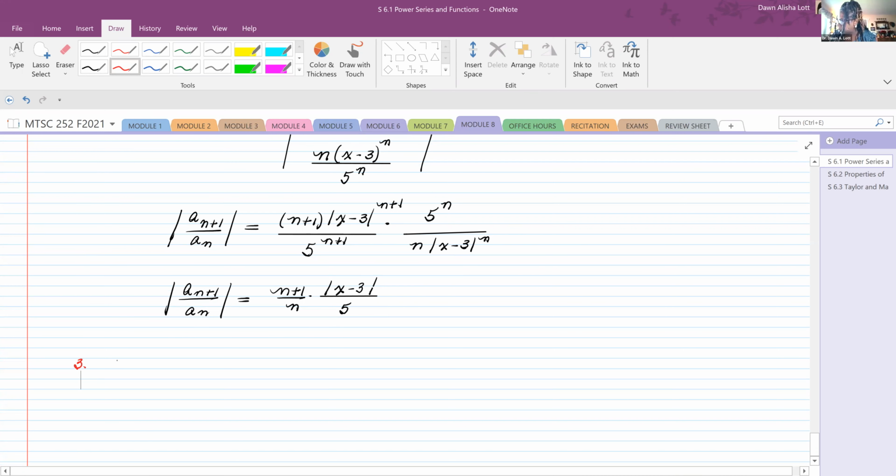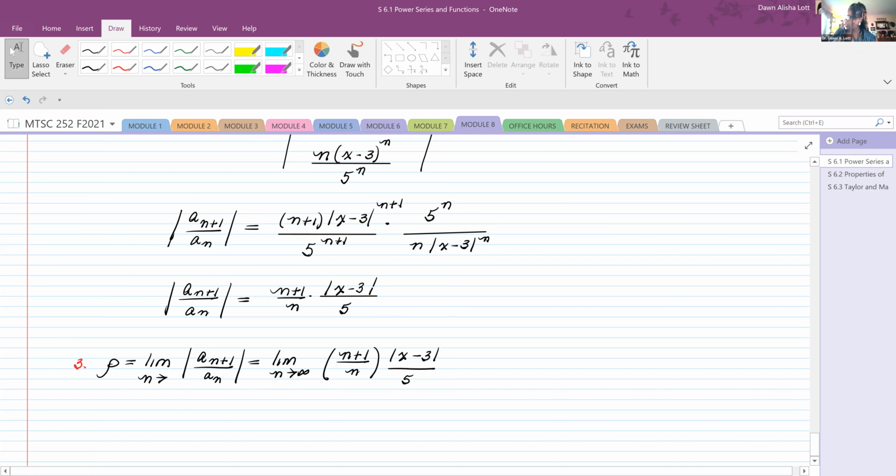So rho is the limit as n approaches infinity of the absolute value of a_(n+1) over a_n. So that's the limit as n approaches infinity of (n plus 1) over n times the absolute value of (x minus 3) over 5. All right, so what's that limit?